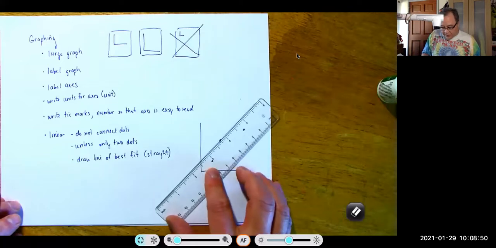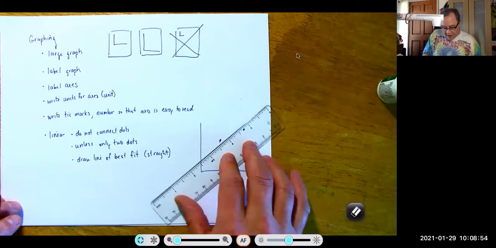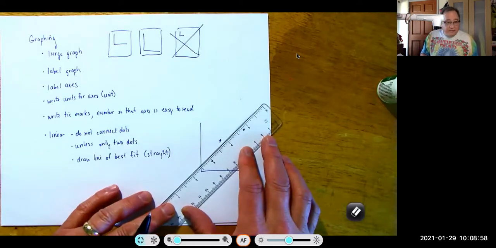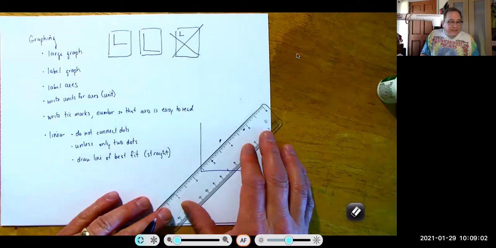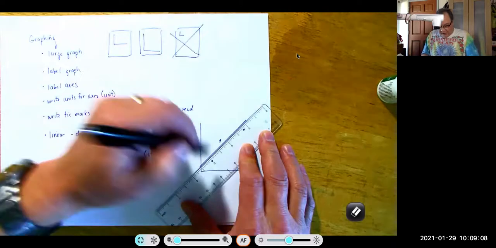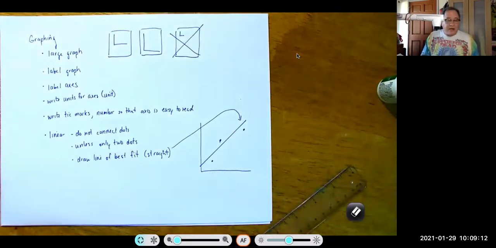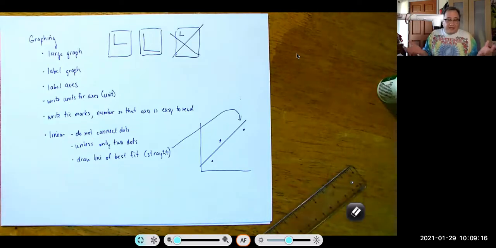And you want to adjust this so that you are as close to the three dots as possible. And if you believe each dot is equally important, you want to be probably the same distance away from each dot with your line. So something like this would be the line of best fit. Now, if you only have two dots, you just connect them because that's the best line for those two.